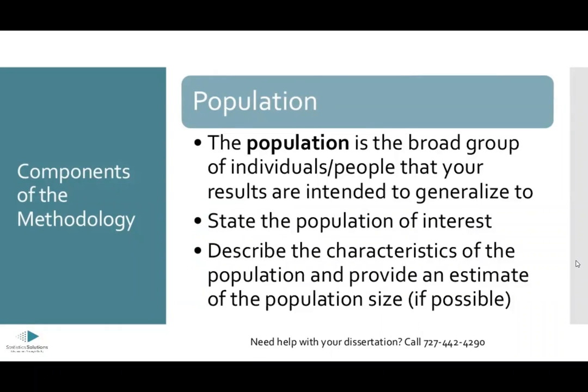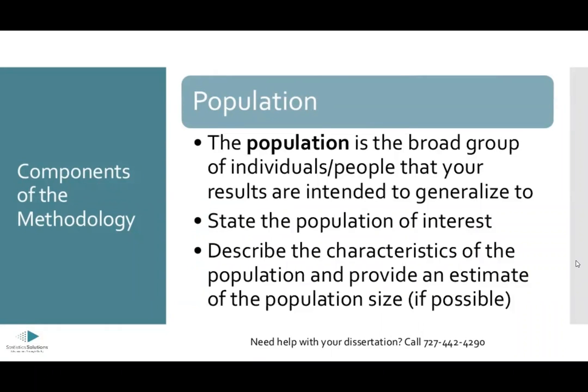So in my methodology chapter, I would state that, and then I would provide some background about that population. So I might look into previous literature or maybe census data to see what's the age breakdown of that population. What's the average age of women who are giving birth? So you might think of some demographic characteristics that you can share about the population that you're using. Maybe you're doing a study of teachers. You can share the highest level of education among teachers in the United States or the area that you're studying.